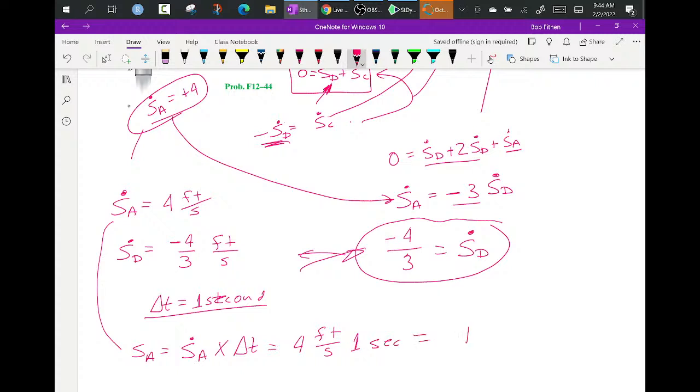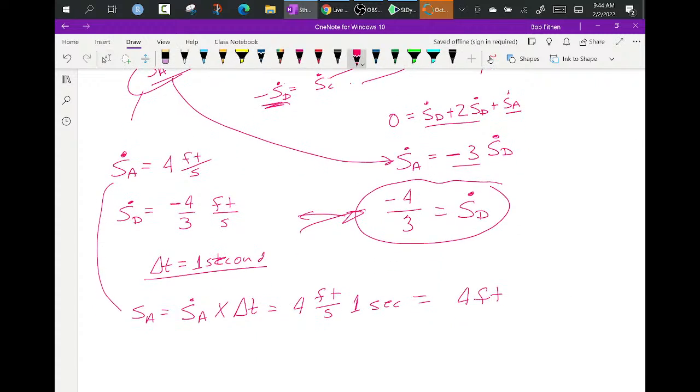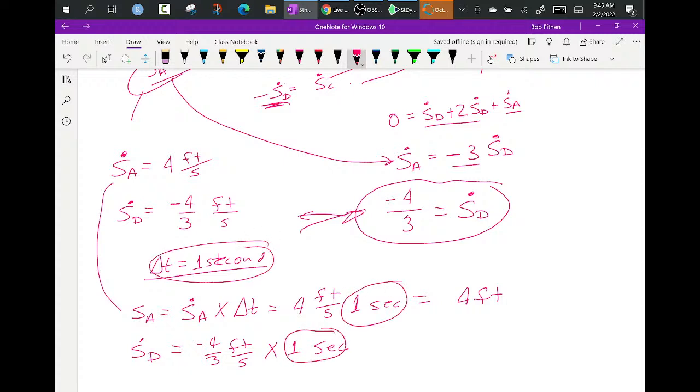Therefore, in 1 second, the thing moved 4 feet. And in that same 1 second, SD moved minus 4/3 feet per second times 1 second. I made this part up, but it's totally legal. You just assume it took place in 1 second, and guess what you get? It moves up 4/3 of a foot, which is like 1 1/3.